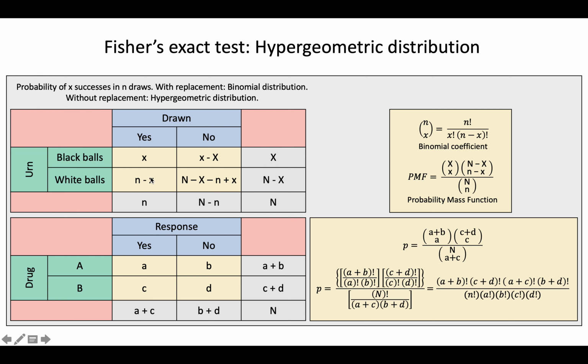So if you are replacing the balls, we are talking about the binomial distribution. But if you are drawing the balls, whether black or white, but you are not replacing those balls, you are not taking the balls back to the urn, we are talking about the hypergeometric distribution.